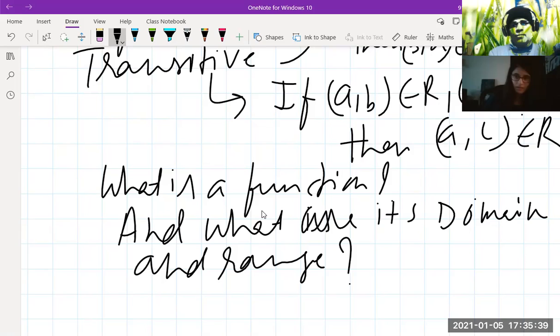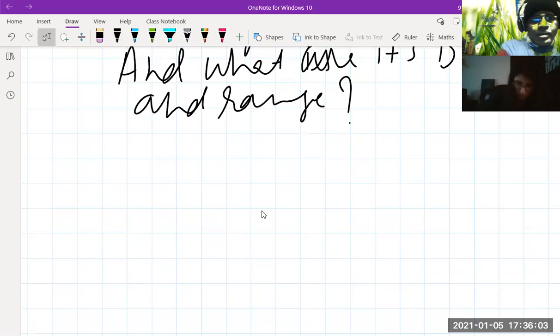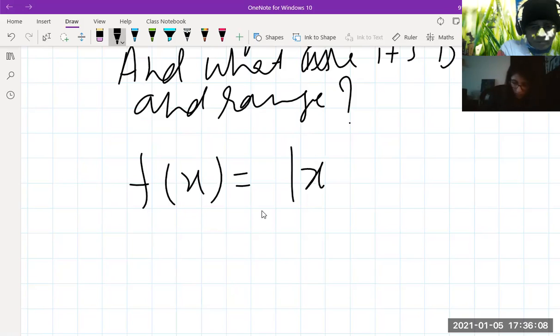Exactly. What do you mean to say? Every pre-image has a unique image in another set. If we have two sets, A and B, every element of set A has a unique image in set B. Take a general example: f(x) equals x square.